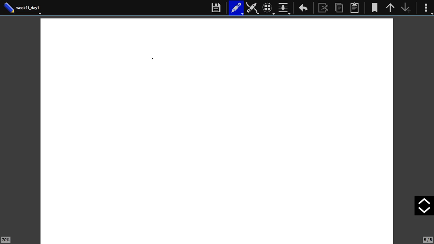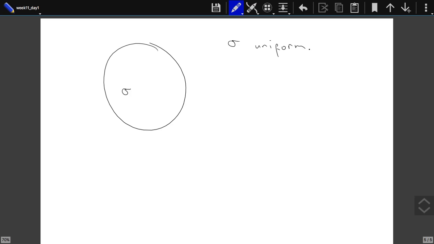Now, I will be assuming I will take this sphere with a uniform surface charge density, sigma uniform. It rotates with an angular velocity omega.